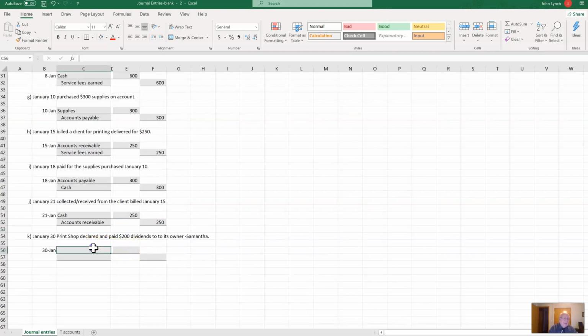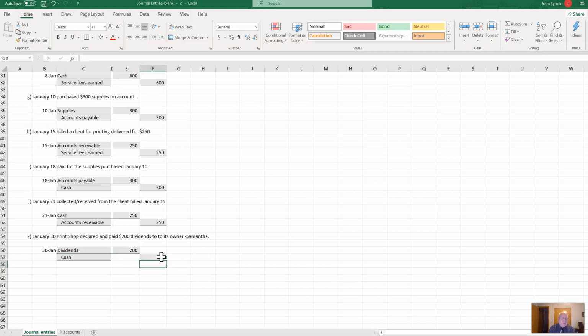And the last one we have here is Print Shop declared and paid $200 dividends to the owner, Samantha. So we want to debit dividends by $200, and we credit cash by $200.